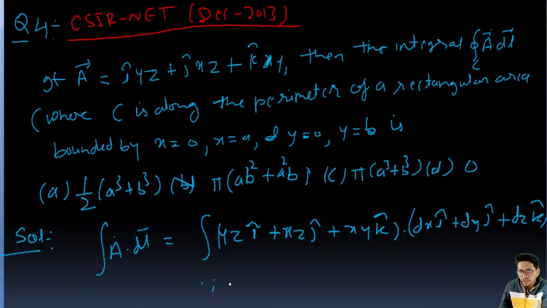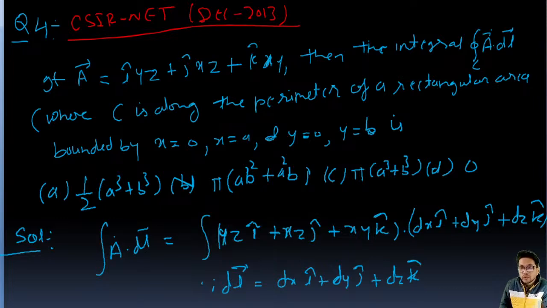Since the value of dl equals dx I cap plus dy j cap plus dz k cap. This is y, guys. Okay, yz.